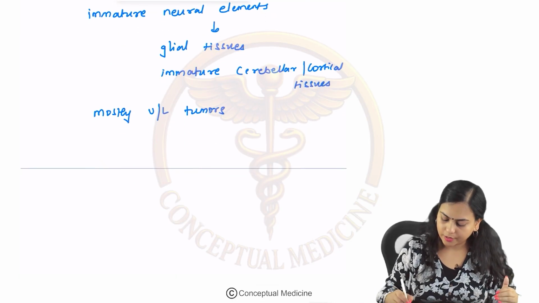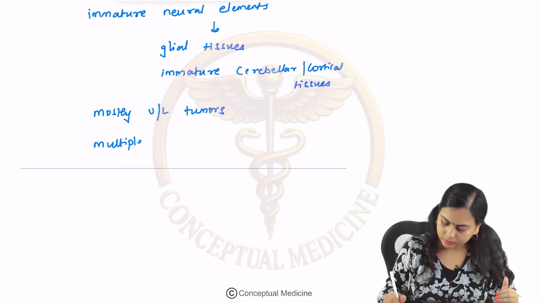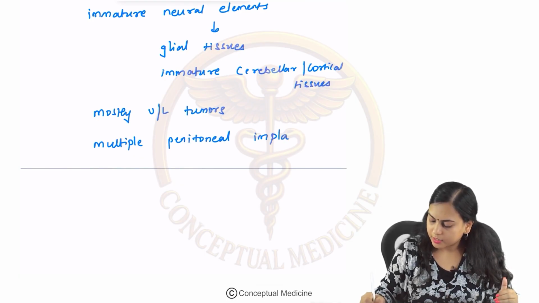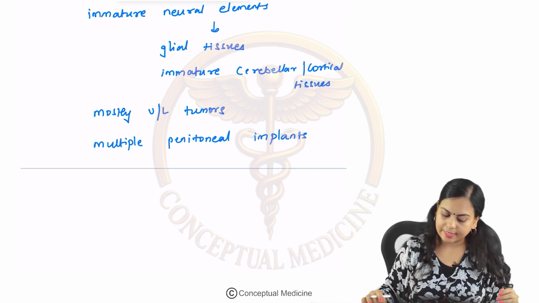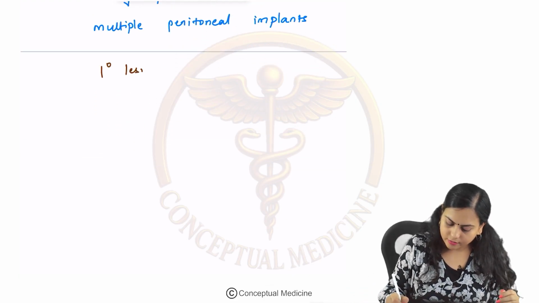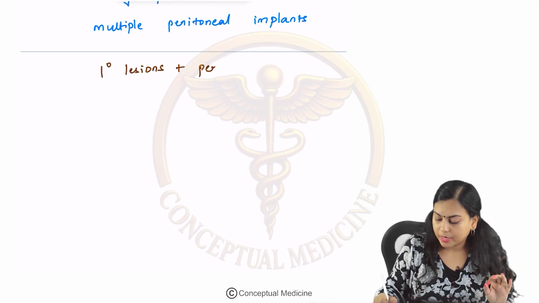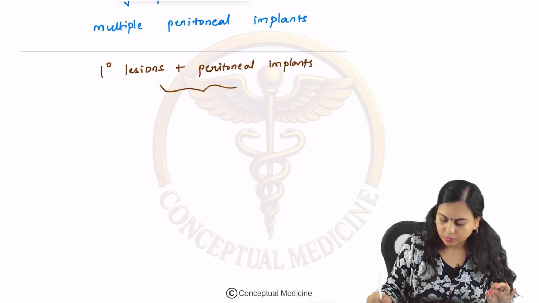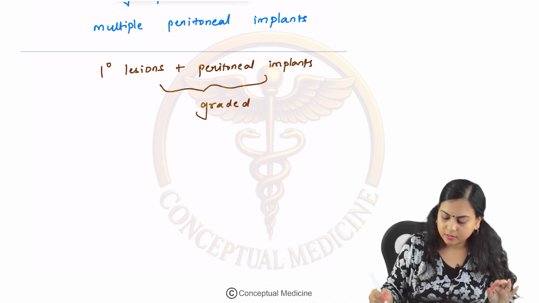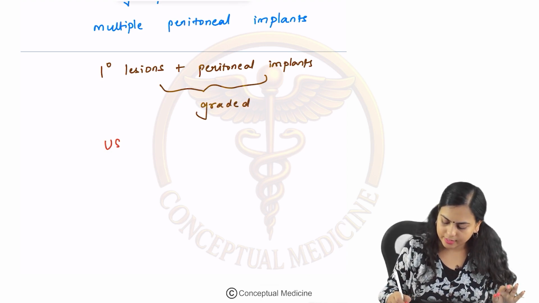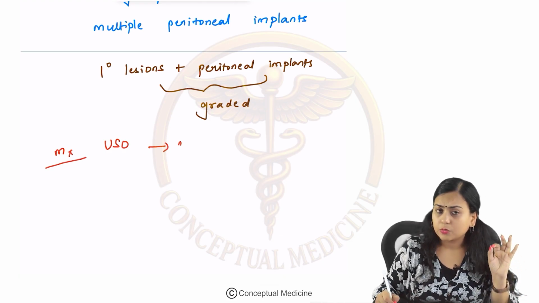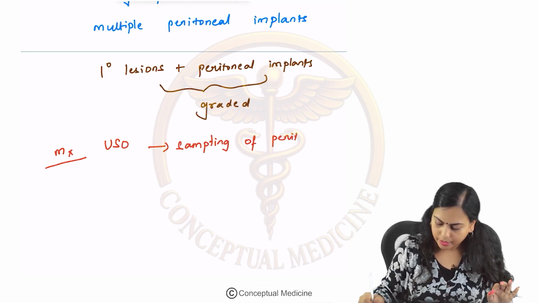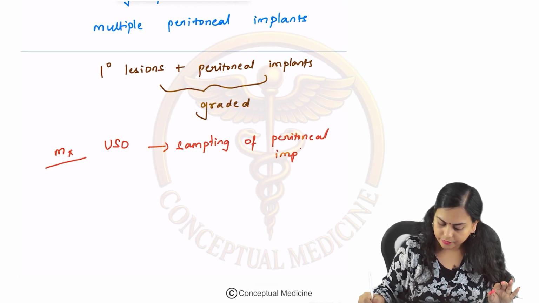And in this tumor multiple peritoneal implants are also seen. So, both the primary lesions as well as the peritoneal implants need to be graded in this tumor, and this is mostly managed by unilateral salpingo-oophorectomy with wide sampling of the peritoneal implants.